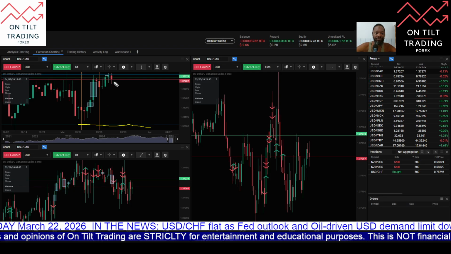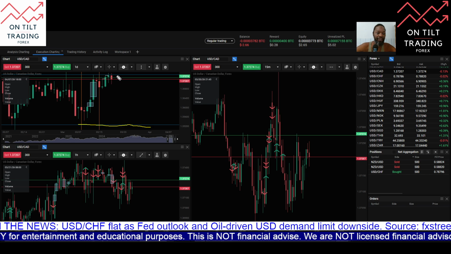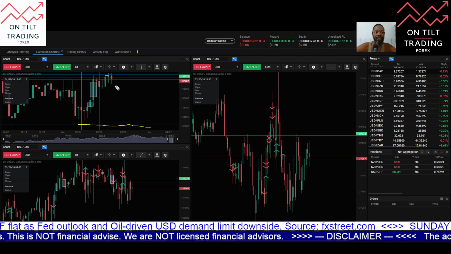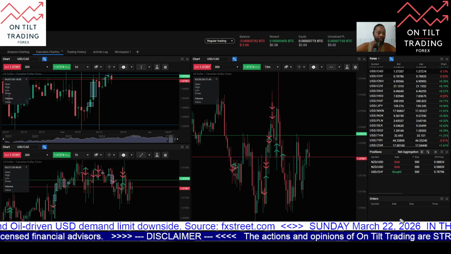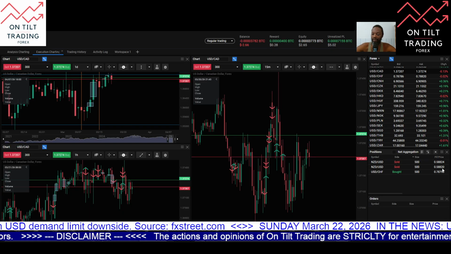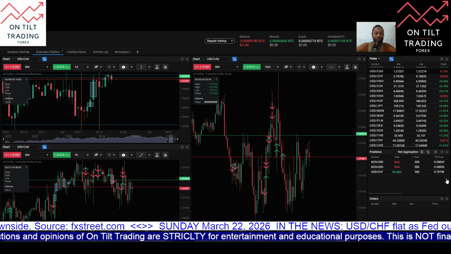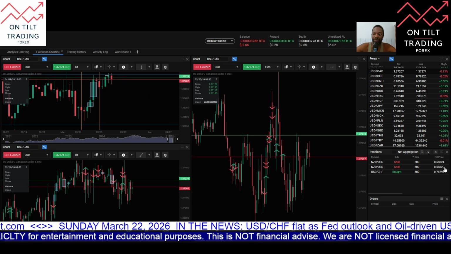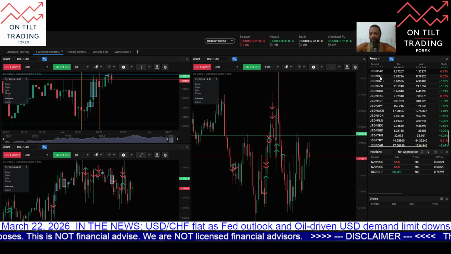If I can get a daily sweep of some buy side liquidity based on my current system, then I'll look to target this low. Quite a distance to go, but this is how things are setting up this week. So again, on dollar CAD, I'm looking at sell side delivery throughout the entire week.